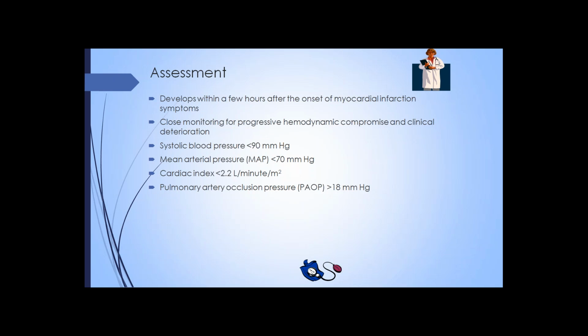Now, we talked about the pulmonary artery occlusive pressure, which is the same as your pulmonary capillary wedge pressure, which is the same as your wedge pressure. So please don't let those get you messed up. Remember, we talked about that being like 12 to 18. Well, we're going to try to keep that greater than 18 because, remember, we want that increased preload to help give us that Starling's law stretch.